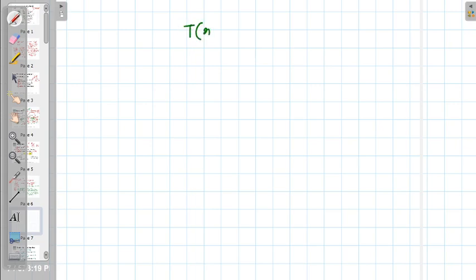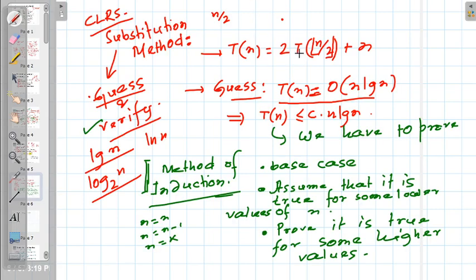So we have to prove this, Tn less than or equal to C times n log n. Right. So we have to take that it is true for some lower values. So now we have to go back to this recurrence. Okay. So this is the bottleneck. That means we don't know the value. We are assuming that it is true for some lower values.